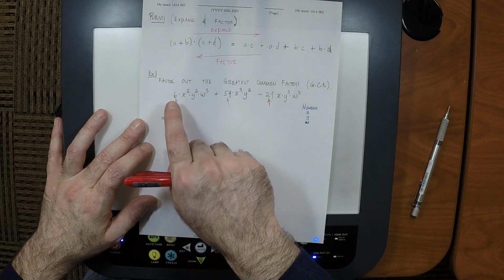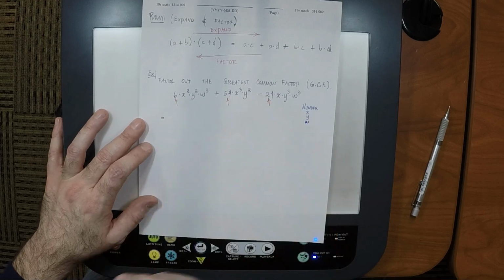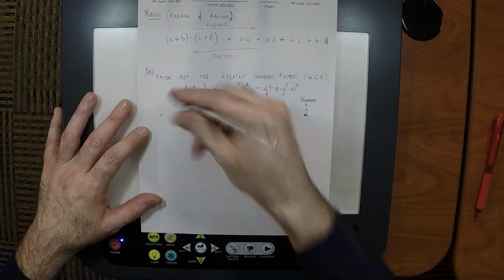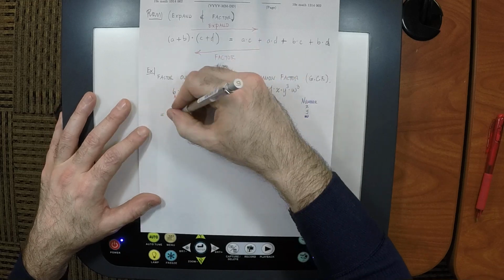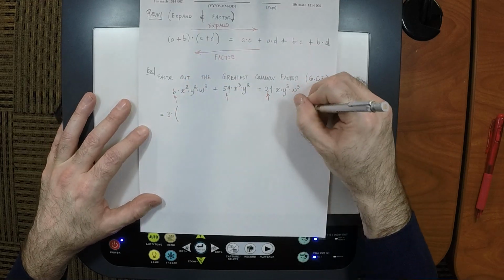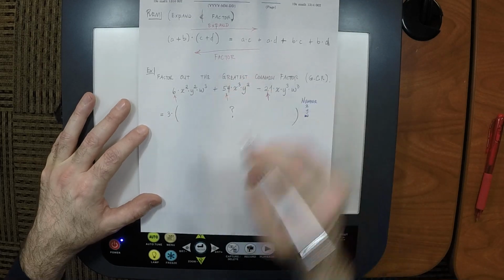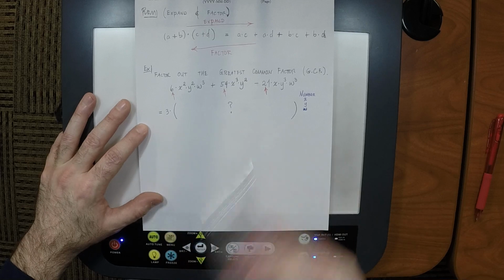Because 3 is a factor of 6, and it's a factor of 54, and it's a factor of 21. All right? So as a result, we should be able to say that this is 3 multiplied by something. And we write the 3 there, and then now we need to fill that in.